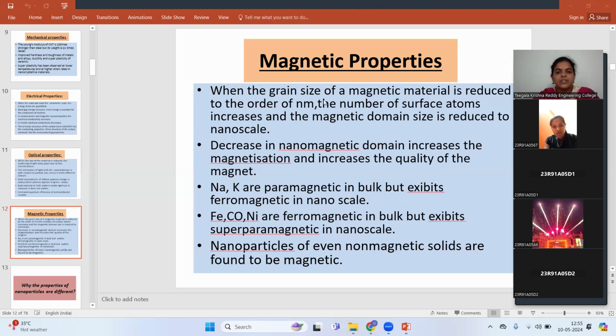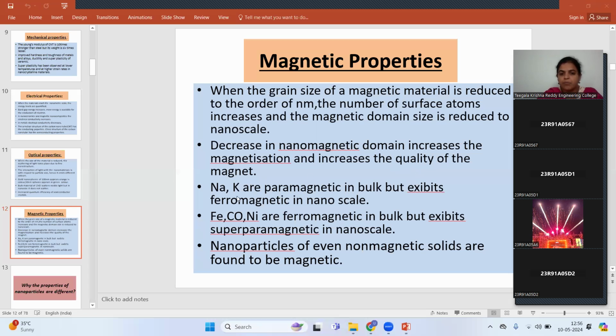Coming to magnetic properties, when the grain size of a magnetic material is reduced to the order of nanometers, the number of surface atoms increases and the magnetic domain size is reduced to nanoscale. A decrease in nanomagnetic domain increases the magnetization and the quality of the magnet.